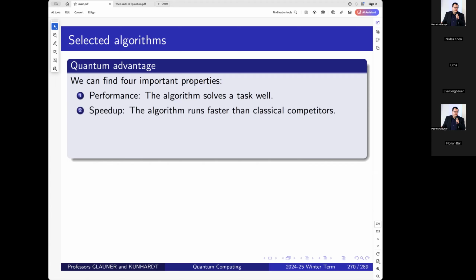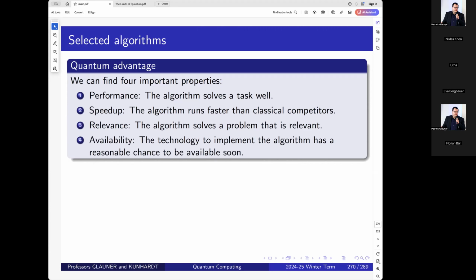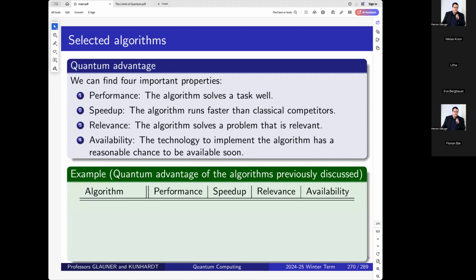Faster means speedup. So the algorithm runs faster than classical competitors. Relevance means the algorithm solves a problem that is actually relevant, for which there are real-world use cases, so something concrete. And availability would mean the technology to implement the algorithm has a reasonable chance to be available soon.